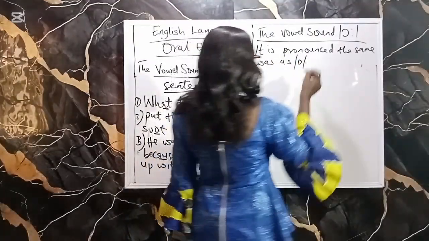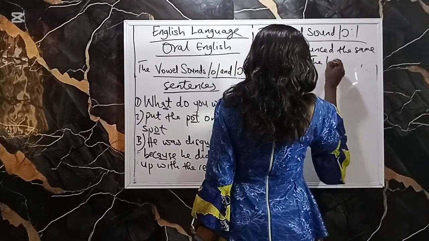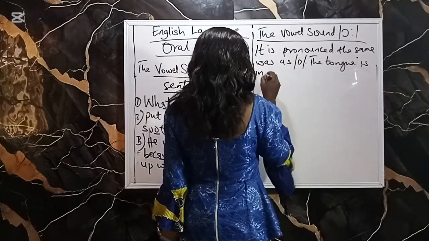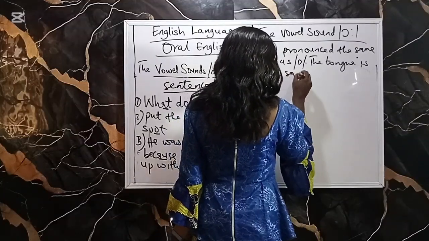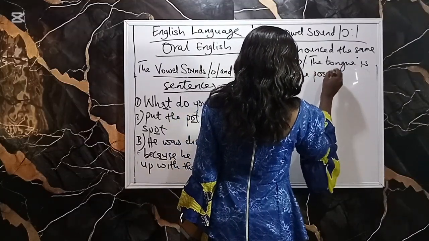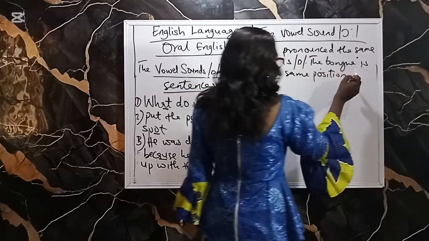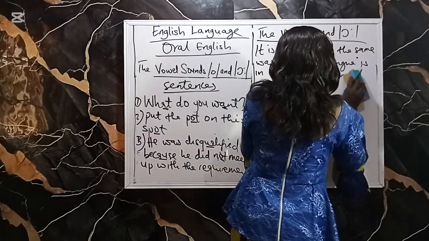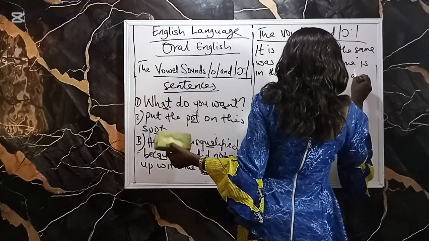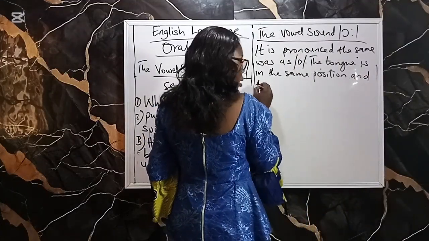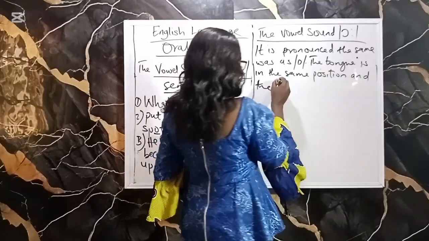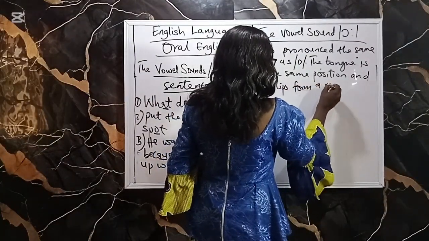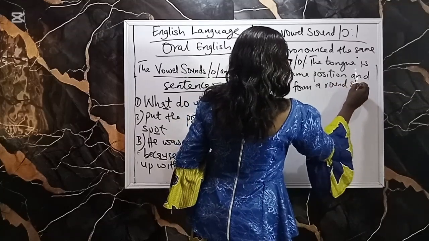The tongue is in the same position, and the leaves form a round shape.